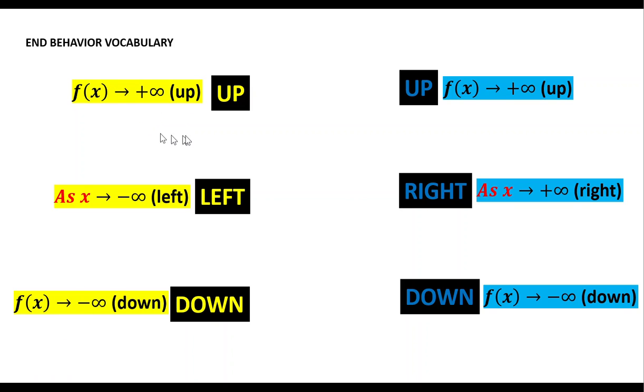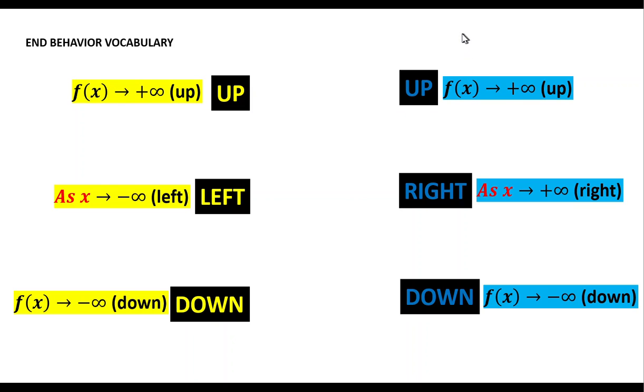To describe a function moving up, there's only one way. The function is moving up, or the y values are becoming more and more positive. You would say f of x, or the function, is approaching, that's the arrow, positive infinity. Whether it's yellow or blue, it's the same notation because you're saying the same thing.